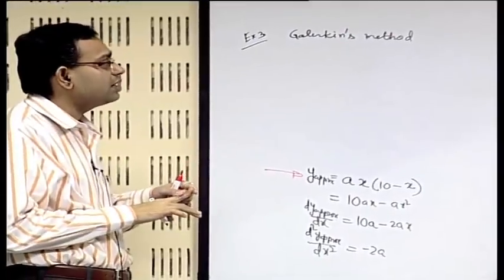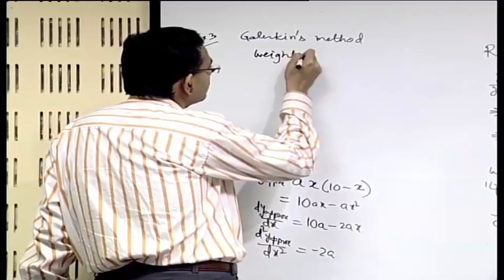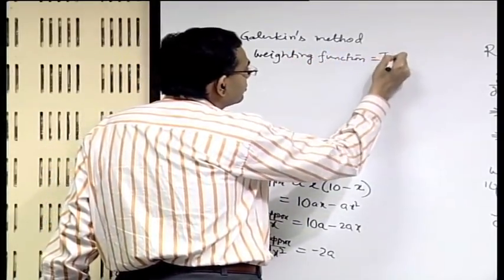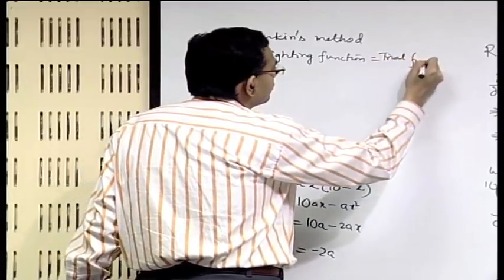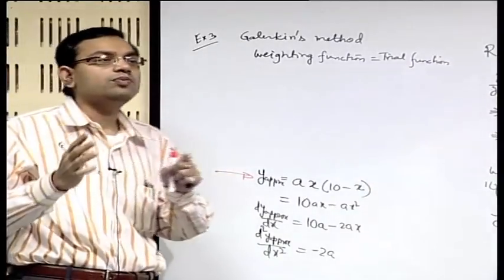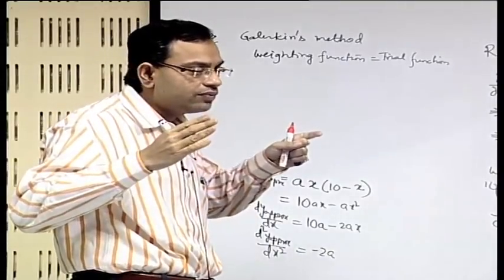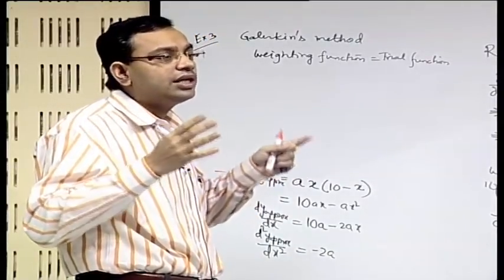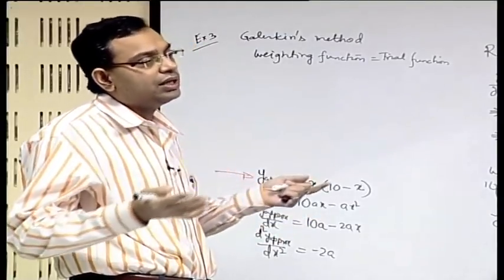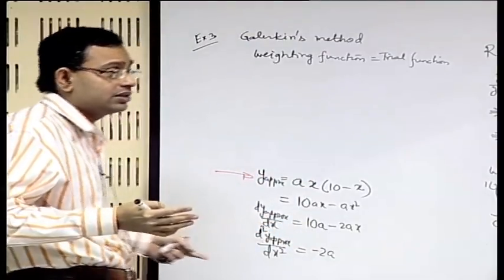Galerkin's method also does it in a very special way. It considers the weighting function the same as the trial function. So, it considers the same form of the two functions, so that your degree of freedom is somewhat reduced in terms of choosing the weighting function. Once you choose the trial function, you have automatically chosen the weighting function; you can't choose anything beyond the form of the trial function.